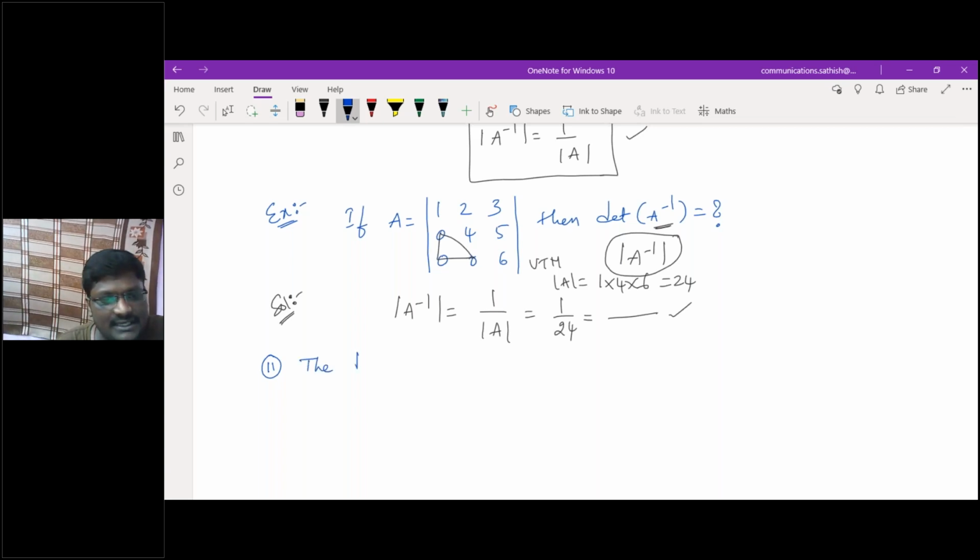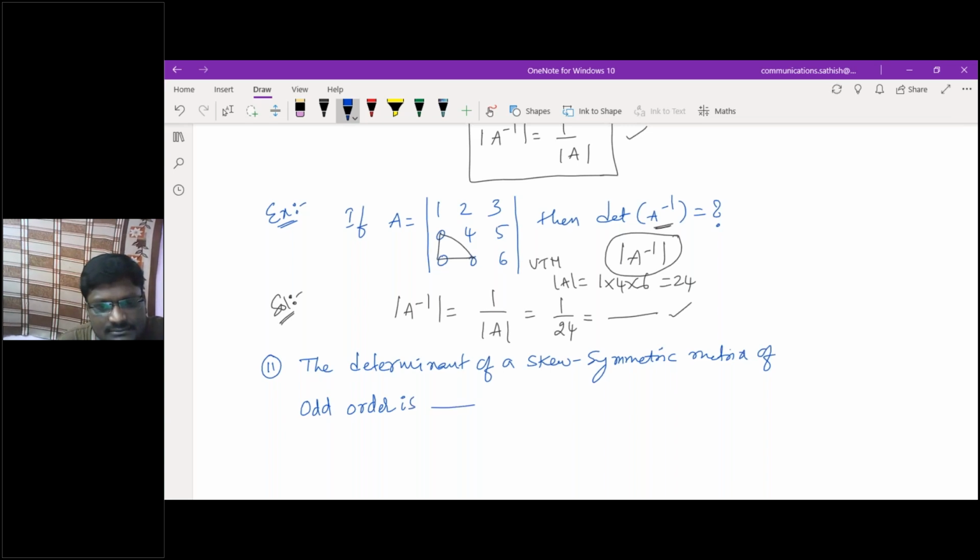Next, one more statement. The determinant of a skew symmetric matrix of odd order is dash.